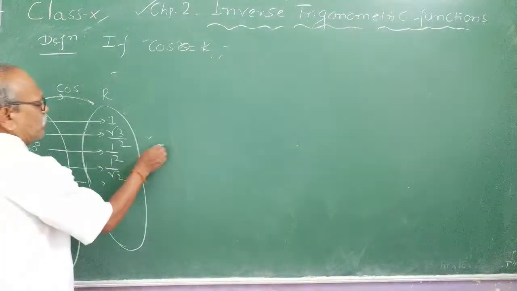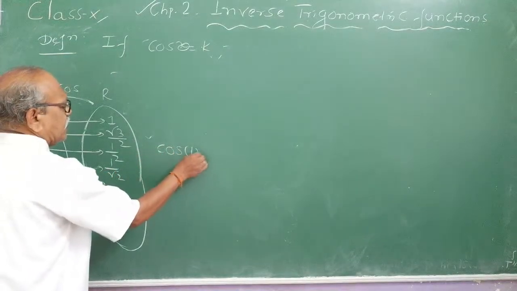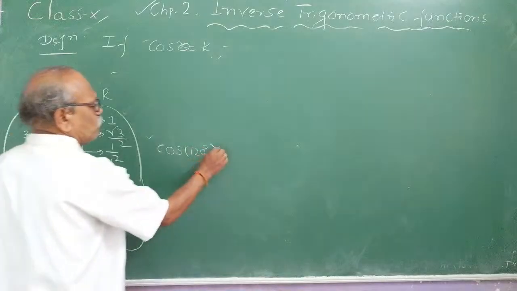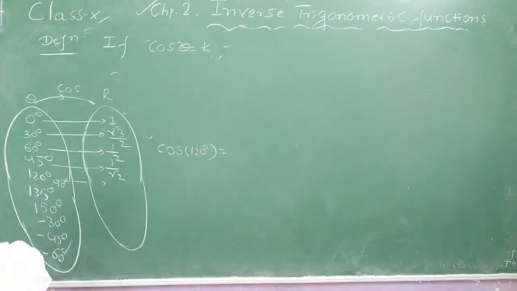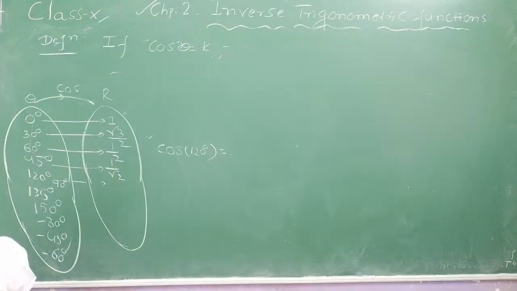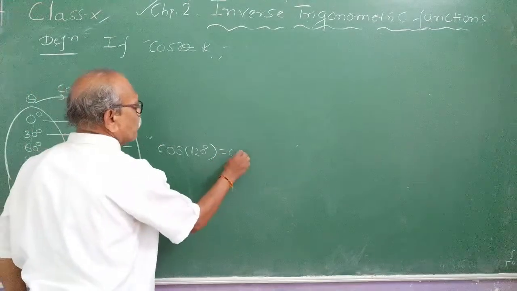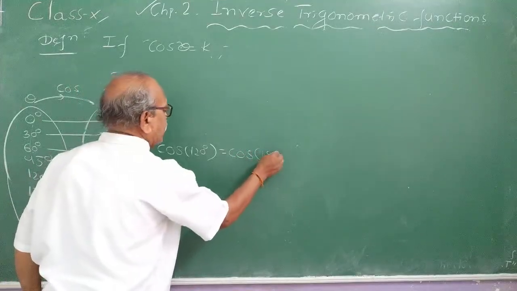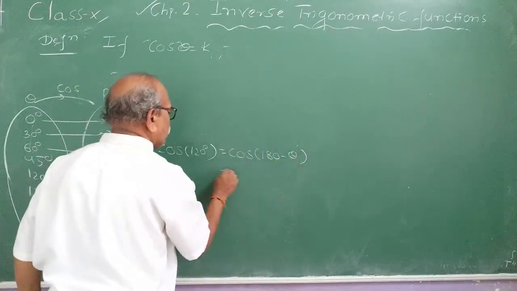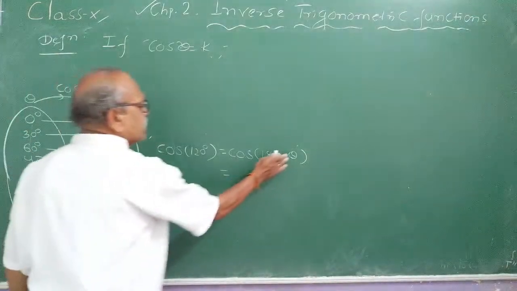Let us check the value of cos 120 using the allied angle. Cos of 180 minus theta, second quadrant, observe. Cos of 180 minus 60 degree.